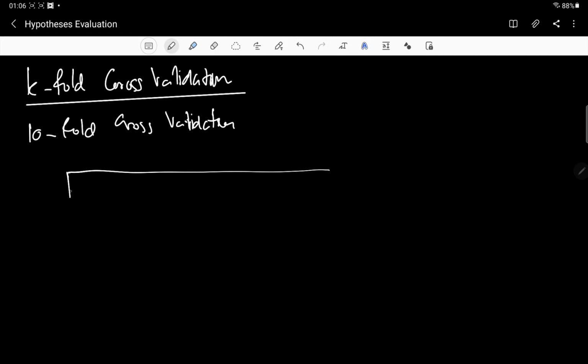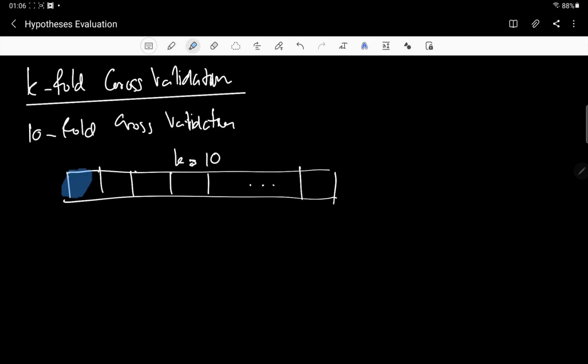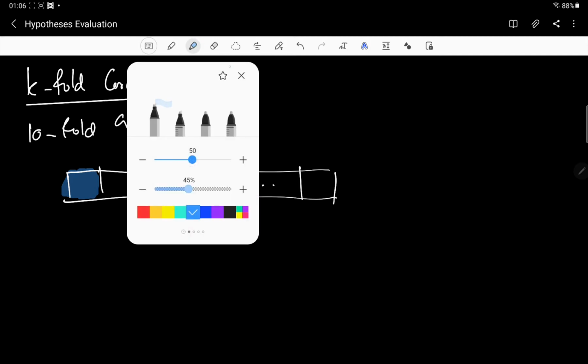If you have a whole data set like this, you have to divide it into k parts, or k folds. If k is 10, you divide it into 10 folds. Then you make this one the test, and the remaining will be used as the training.